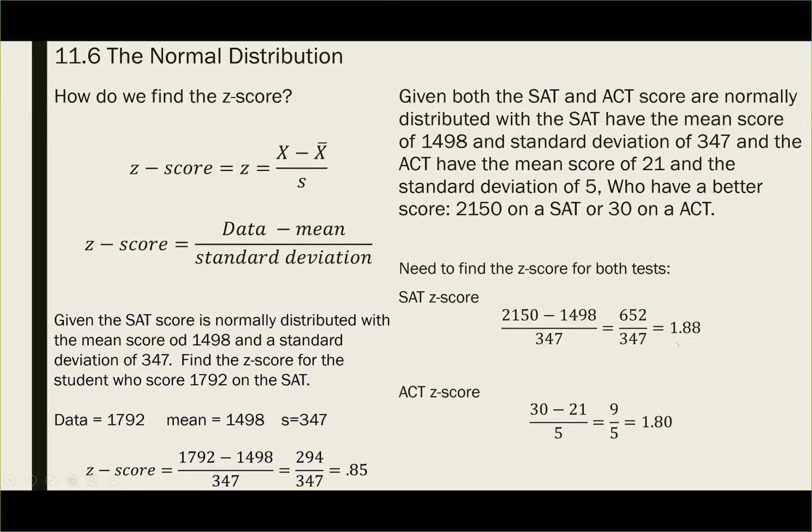And again, the ACT is only 1.80, which is the bigger the Z-score, the better the actual score, right? So as you can see, the Z-score for SAT is higher, so the SAT score have a better value in terms of that, okay?